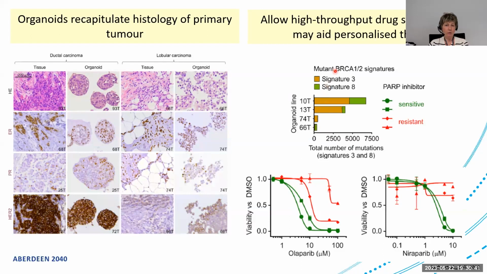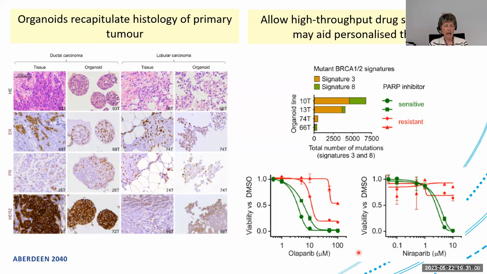And they also were able to identify mutant signatures. So, for example, BRCA1 and BRCA2 mutations are good indicators of the likelihood of response to PARP inhibitors. And they identified the different signatures, either cells or tumours that were likely to be sensitive or resistant.